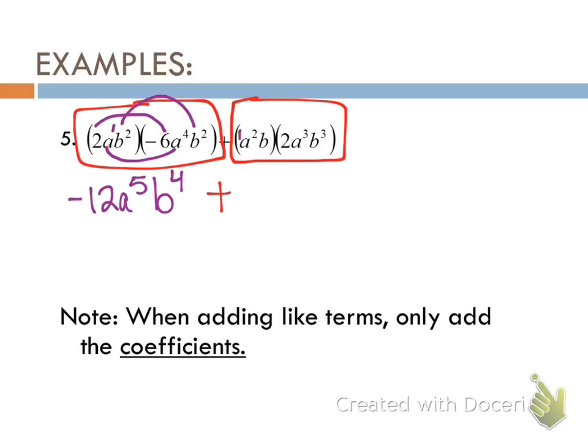Okay, if you need to write the 1 in front there to see it, that's fine. 2 times 1 is 2. A squared times a cubed is a to the 5th. And b times b cubed is b to the 4th. Again, we've got an exponent of 1 on that first b. 1 plus 3 is 4.